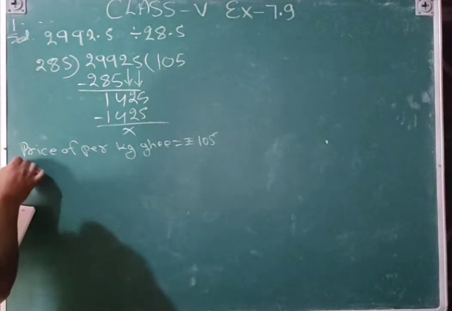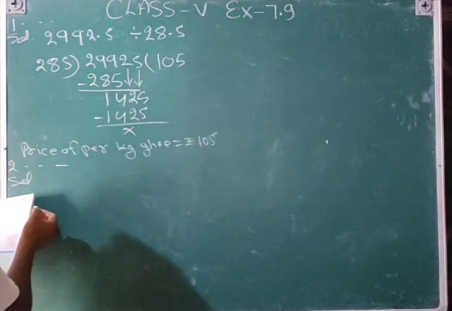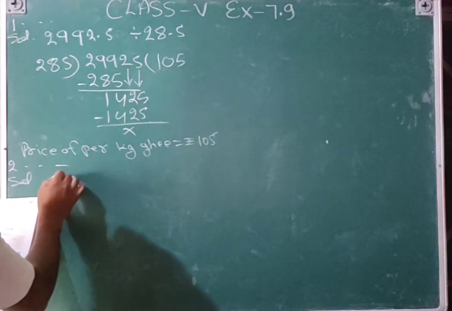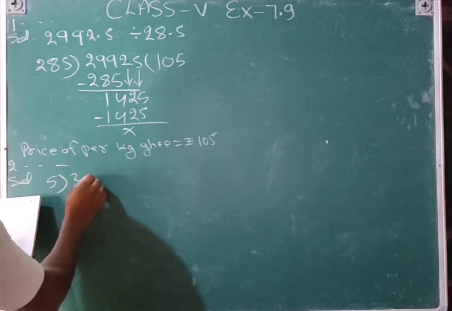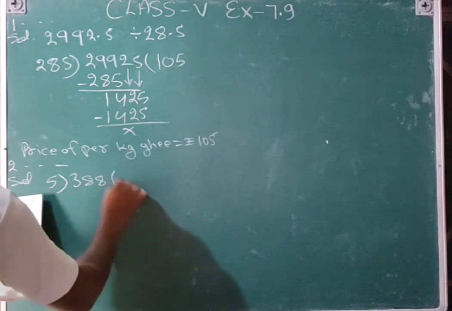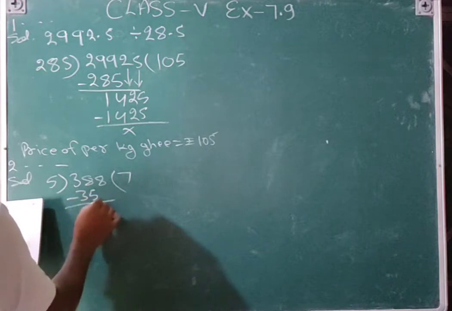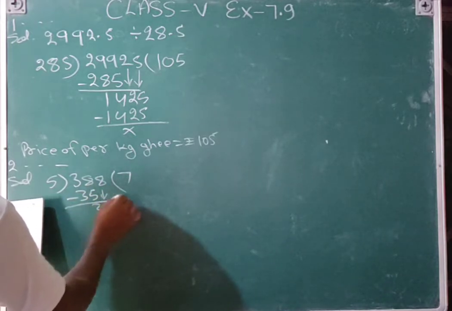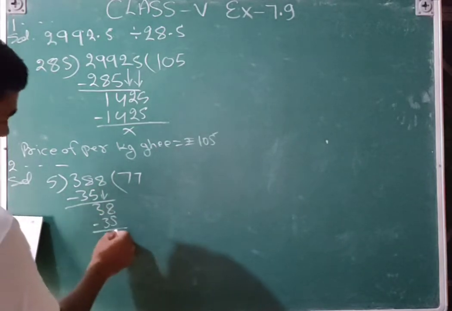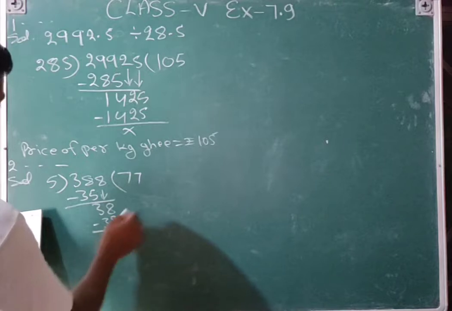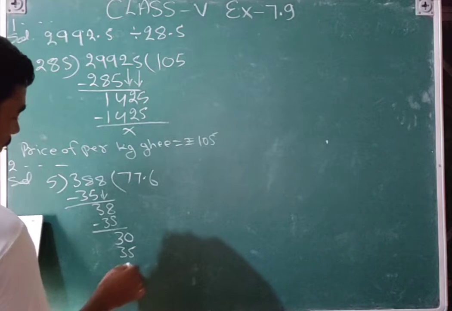That will be the solution. Here also we will do similarly, that will be divide 388 by 5. So 5 7s are 35, that will be 3 left, next digit 8, 5 7s are 35, and then 3 left, then after the decimal that will be 0, 5 6s are 30.